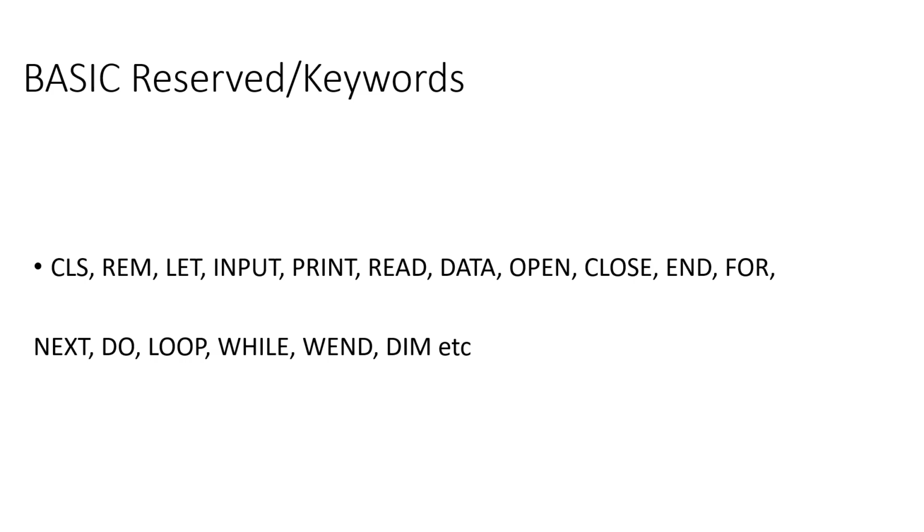All programming languages have their own peculiar keywords, or we call them reserved words. But for basic, these are the keywords that we use in basic: CLS, REM, LET, INPUT, PRINT, READ, DATA, OPEN, CLOSE, END, FOR, NEXT, DO, LOOP, WHILE, WHEN, DIM. So you can have various keywords like this in basic.